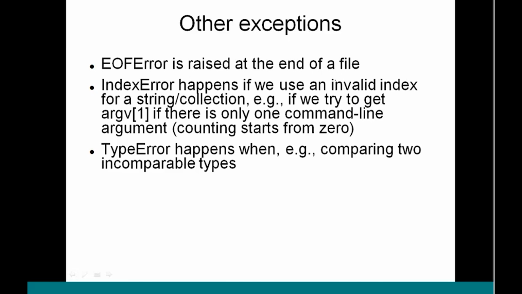The index error happens if we use an invalid index for a string or a collection. For example, if we try to get argv1, if there is only one command line argument, which is argv0, then it generates an index error. And then there's another one called type error, which is if you're trying to compare two incomparable types, like string versus float or something like that. So again, that is the type error.